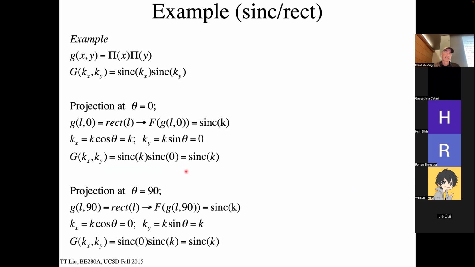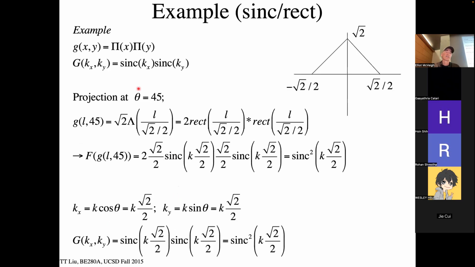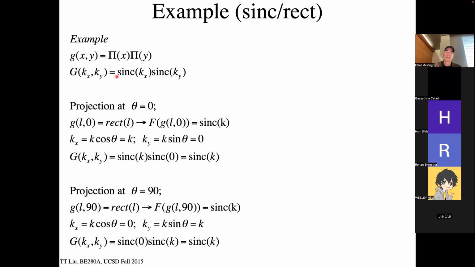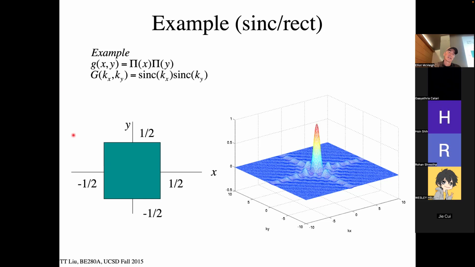You can go through this algebra. It's not that hard. A more complex case is to test this hypothesis at 45 degrees with the square. Let's put my samples along this line with theta 45 degrees, and integrate down through this.